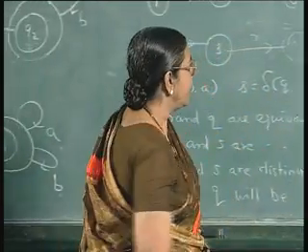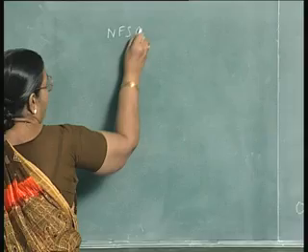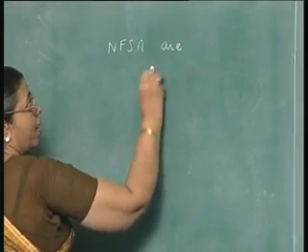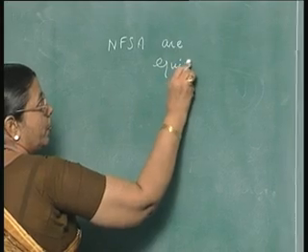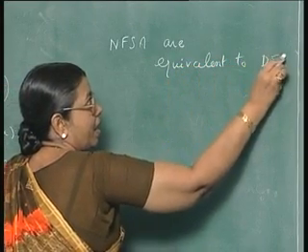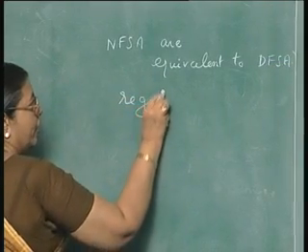So, we have considered a non-deterministic FSA and seen that non-deterministic FSA are equivalent to DFSA, and they accept only what are known as regular sets.